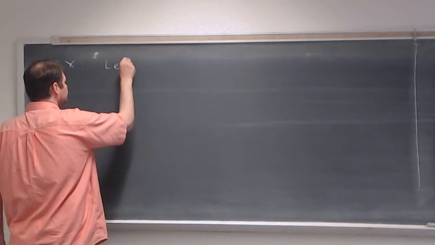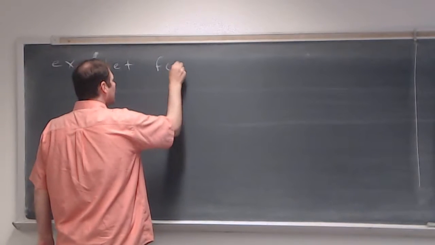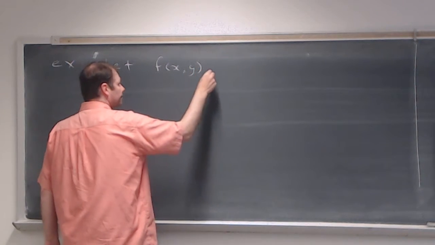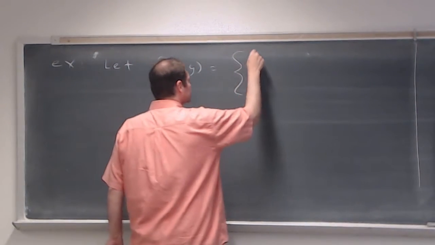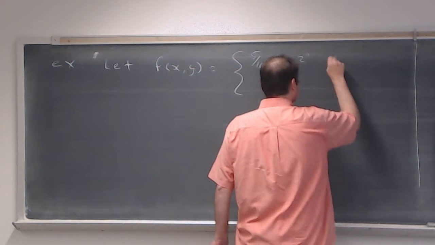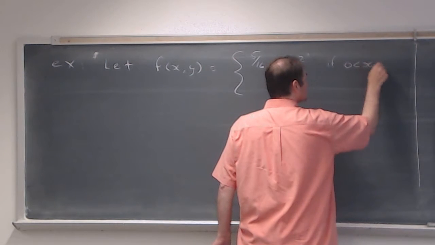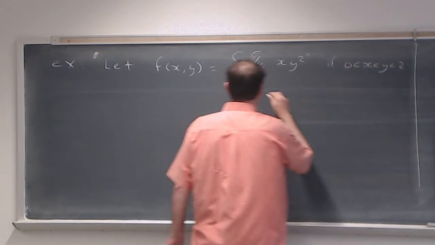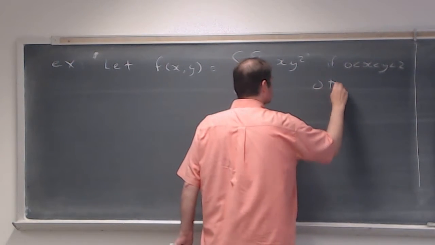So we're going to let f of x comma y be defined to be equal to 5/16 xy squared if you had 0 is less than x is less than y is less than 2, and it was 0 otherwise.